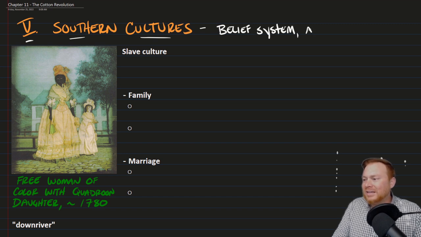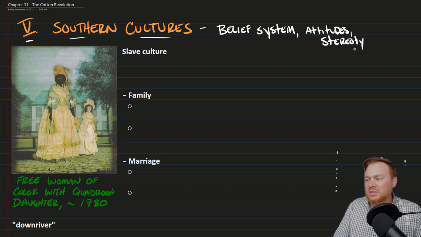It could be attitudes, stereotypes, beliefs, expectations that shape people's behavior. Culture exists pretty much anywhere you can find people at any time in history, and the same thing is true of the American South.